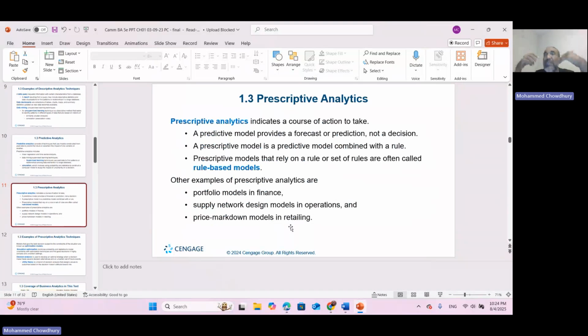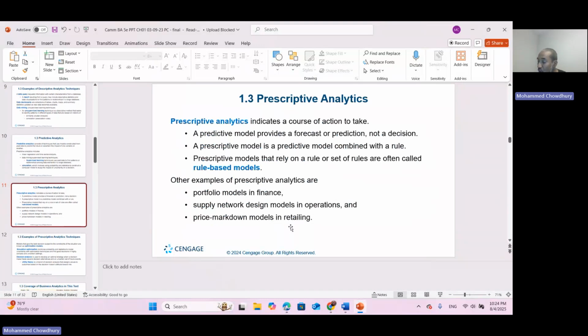And then prescriptive means, so if someone visits a doctor, the doctor sees the patients thoroughly by various results from the lab, by measuring the blood pressure, temperature, and after all of that information, the doctor writes a prescription.